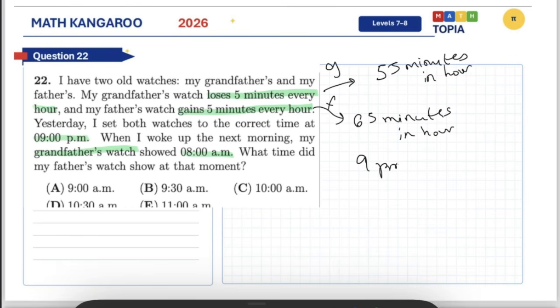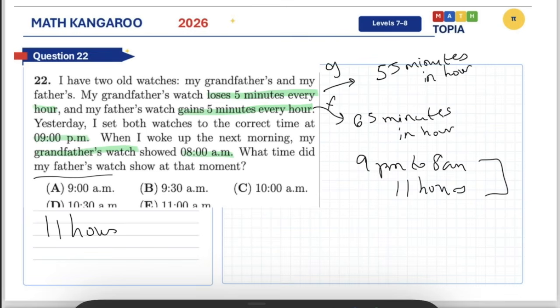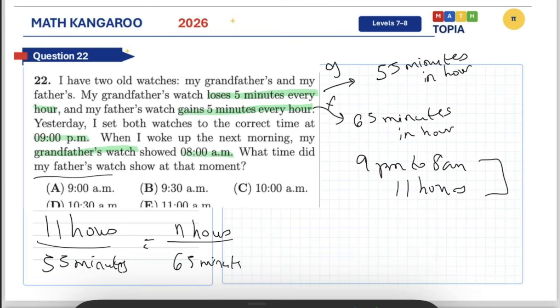From 9 p.m. to 8 a.m., there were 11 hours. And we are asked to find how many hours passed and what time it was on the father's watch for this given information. Let's write a proportion here. 11 hours over 55 minutes for every hour equals n hours for 65 minutes in an hour.